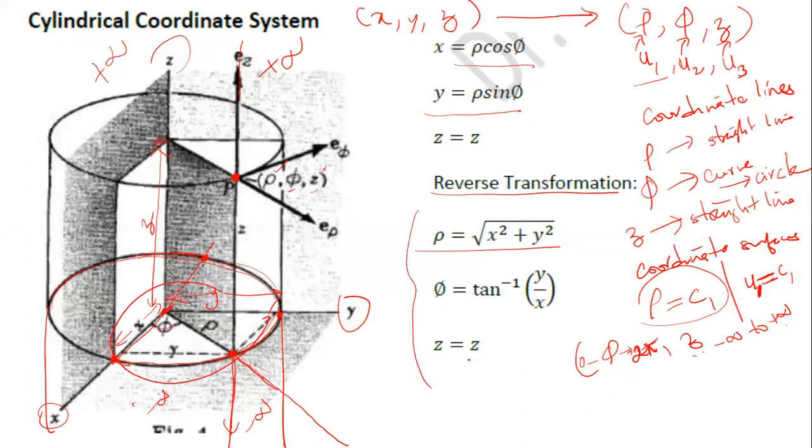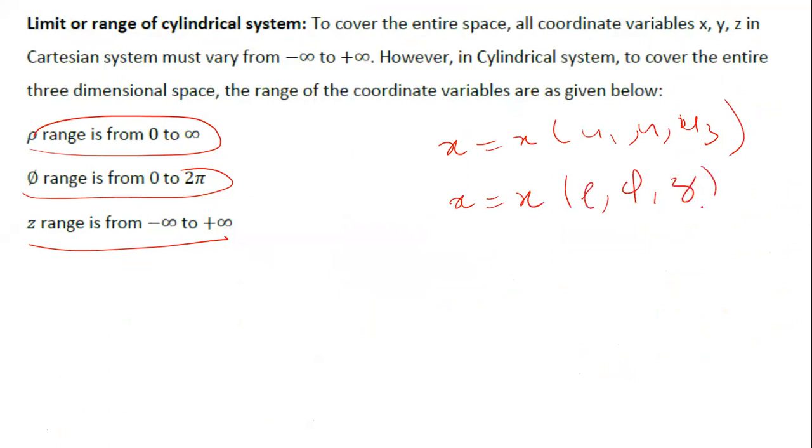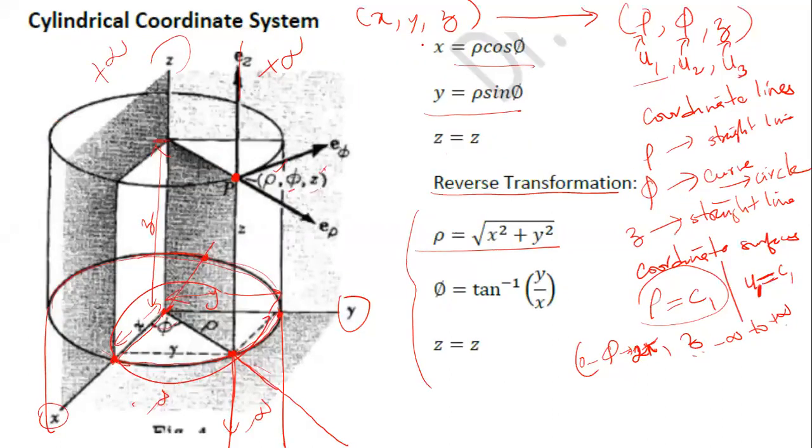If you remember, earlier I had written one transformation relation as x as a function of u1, u2, u3. So here in place we write x as a function of rho, phi, and z. So what is that over here? X is equal to rho cos phi.